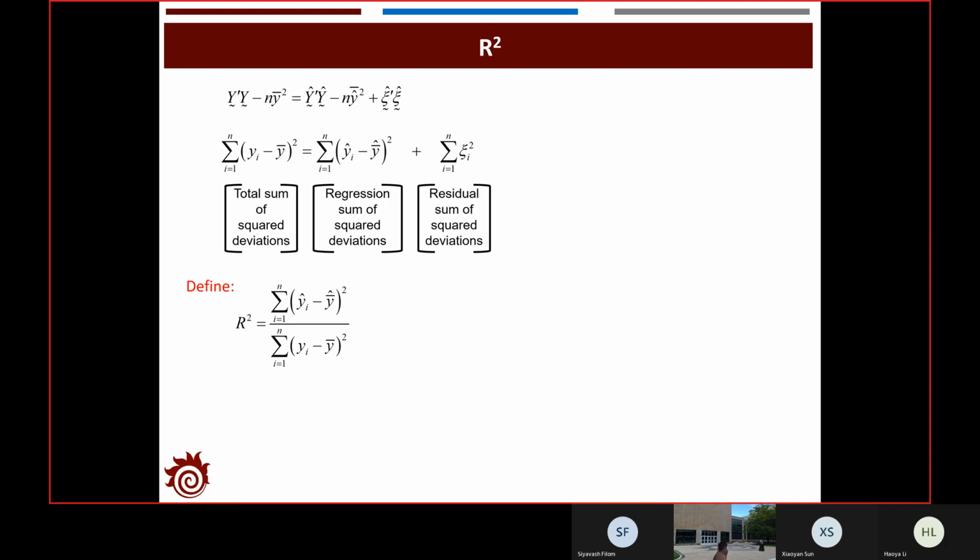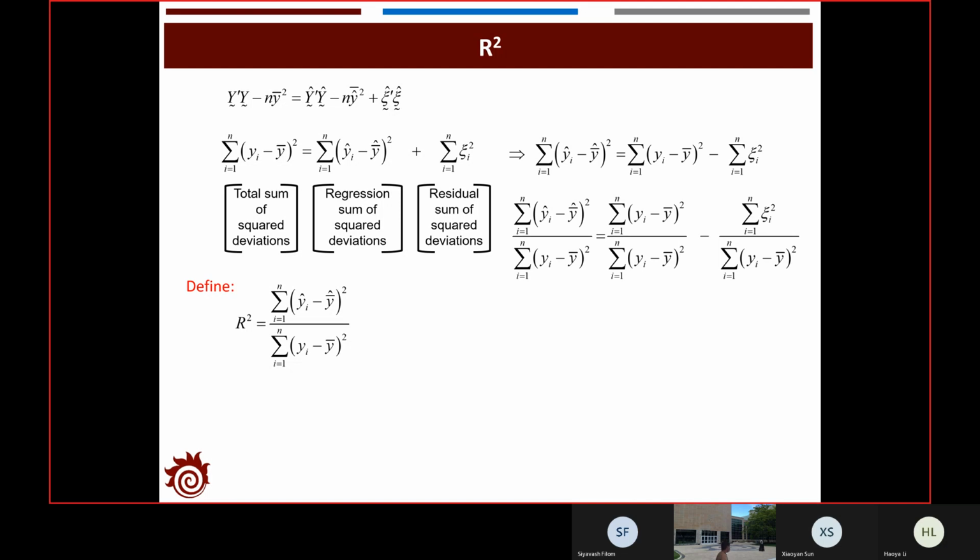As the residual part is always non-negative, this value should always be smaller than 1. And if it's close to 1, it means that the model can explain more of the data.